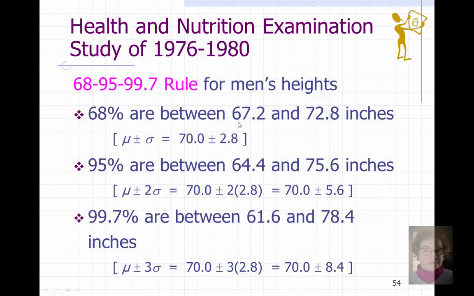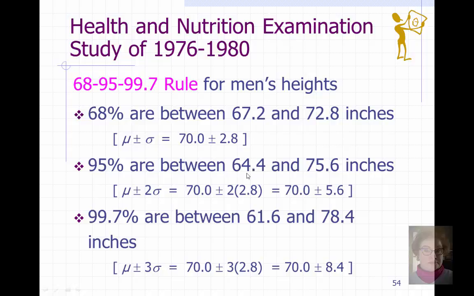So we know they are between a little more than 5'7" to a little less than 6'1". 95% of the data of the young men will have heights between 64.4 and 75.6. So that's 2 standard deviation units. So that's 5.6 inches higher than the mean, 5.6 inches lower than the mean.